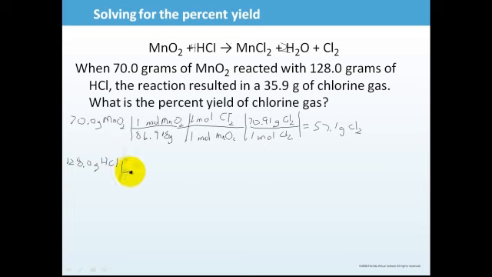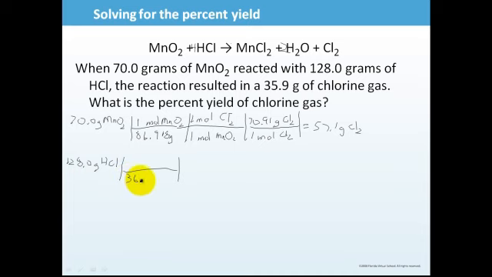Right, so again, the first step is the molar mass. So we take our periodic table, we look up the mass of H and the Cl, and since there's only one of each, we just add them together.